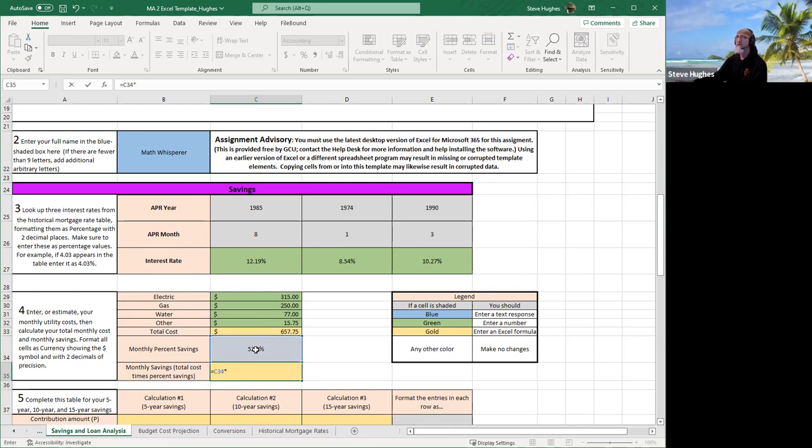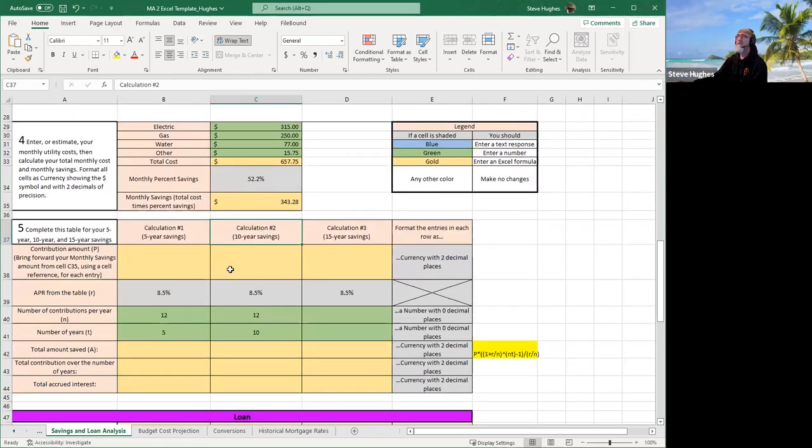Multiply, that's the asterisk, times C33, hit enter, and you guys are good to go. Once again, if you want to see that formula, just click right there on the formula bar, and you can see the formula and the cells that are highlighted at the moment. All right, you're good to go. Hit enter.